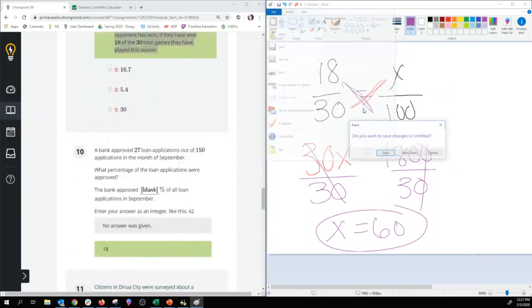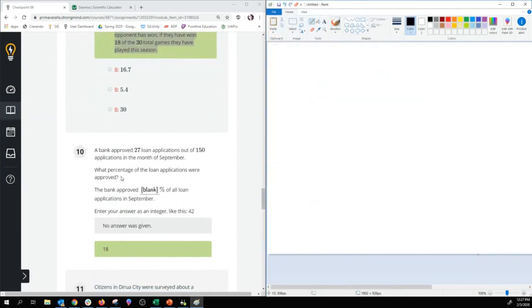Next one here says a bank approved 27 loan applications out of 150 applications in the month of September. What percentage of the loan applications were approved? So this is again a part over whole. That is equal to my percent over 100.